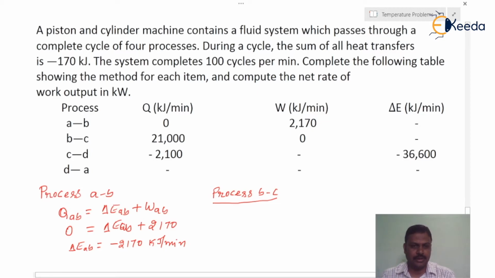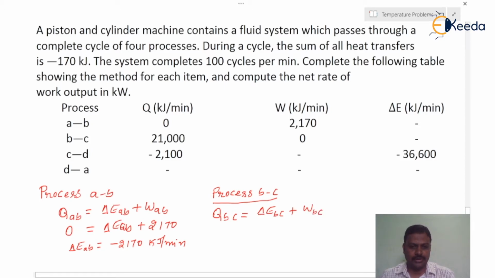Then in the process BC, QBC equal to delta E BC plus W BC.